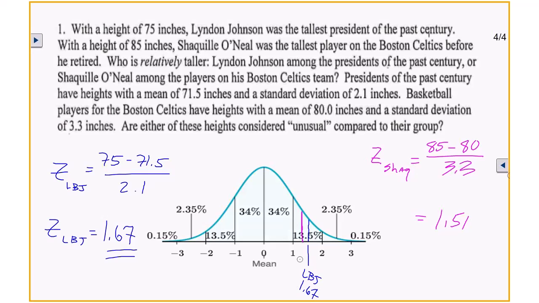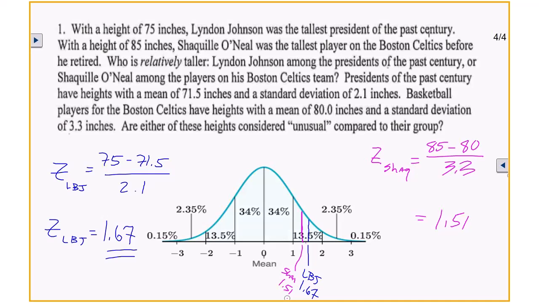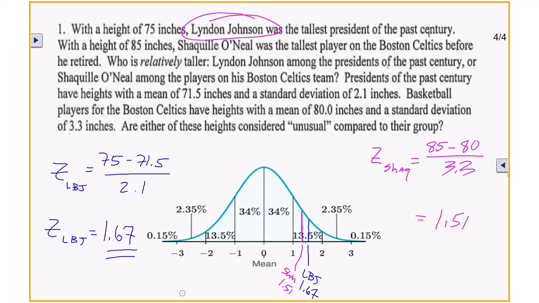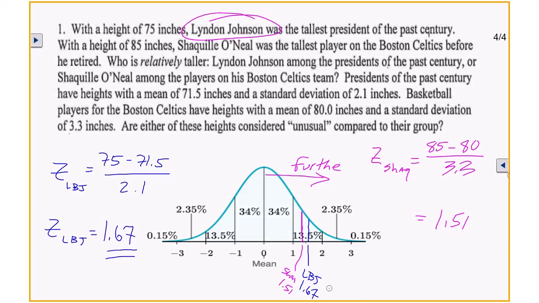Now, of course, I'm exaggerating because 1.5 is right there, but I'm trying to show you. Shaq is at 1.51. So therefore, who is relatively taller? LBJ. The further you are, the closer you are to unusual, to outlier.